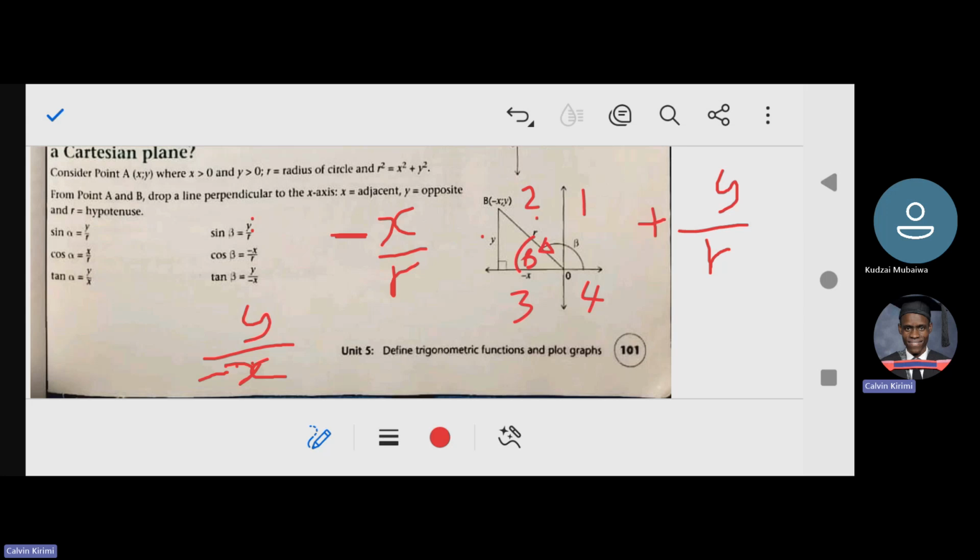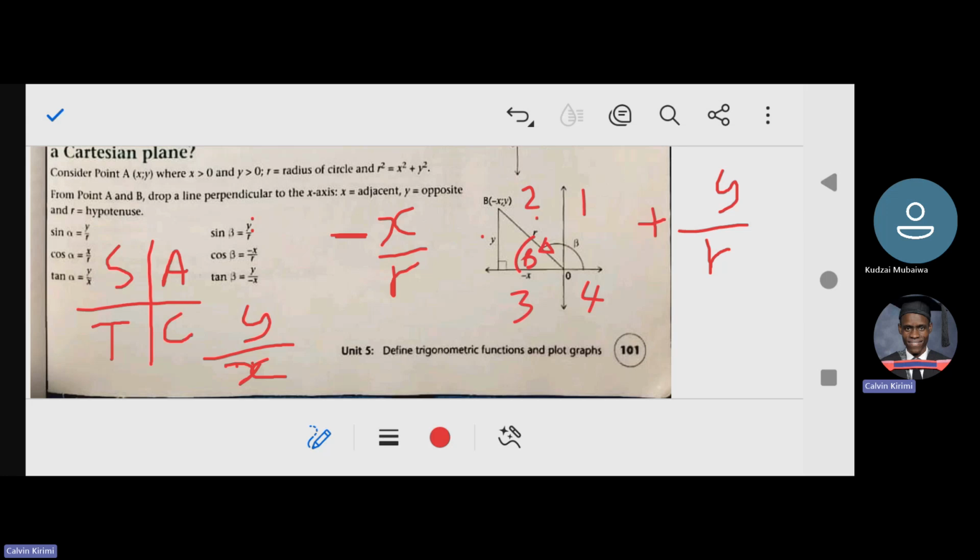That's why I was saying it's a CAST diagram. They call it the CAST diagram. Why? Because they are simply saying all trig ratios are positive in this quadrant. In this quadrant, only sine is positive. In this quadrant, only tan is positive. In quadrant number 4, cos is positive.